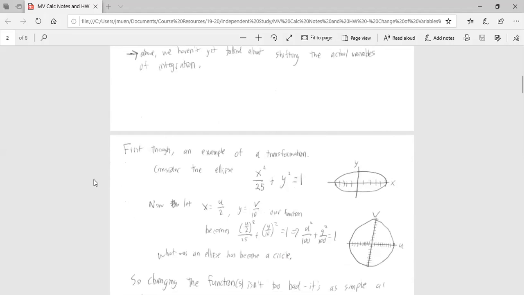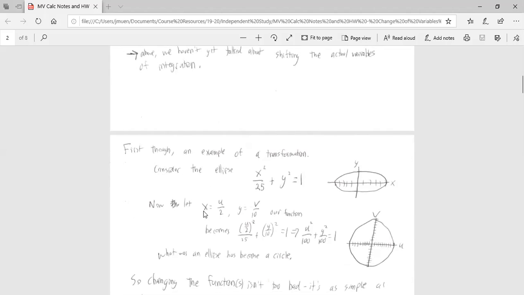Let's say that we're concerned with integrating over x squared over 25 plus y squared equals 1, or let's say that this represents our R. This would be something where we'd feel like, oh yeah, I'll try polar form because it's an ellipse.